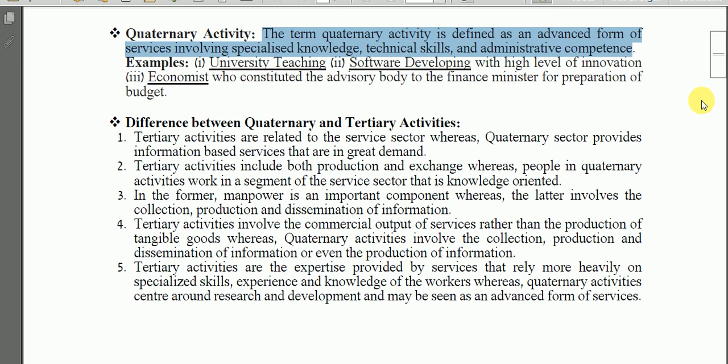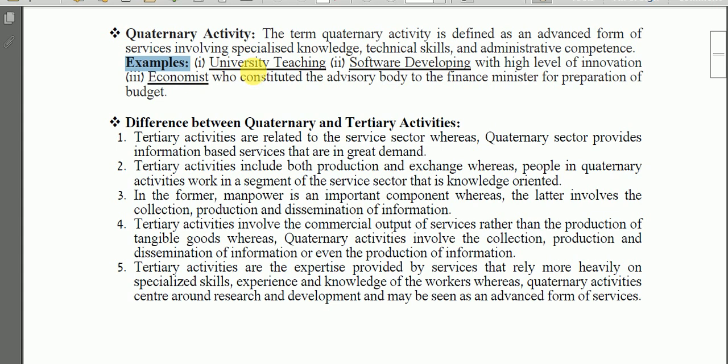Let us read again. The term quaternary activity is defined as an advanced form of services involving specialized knowledge, technical skills, and administrative competence.